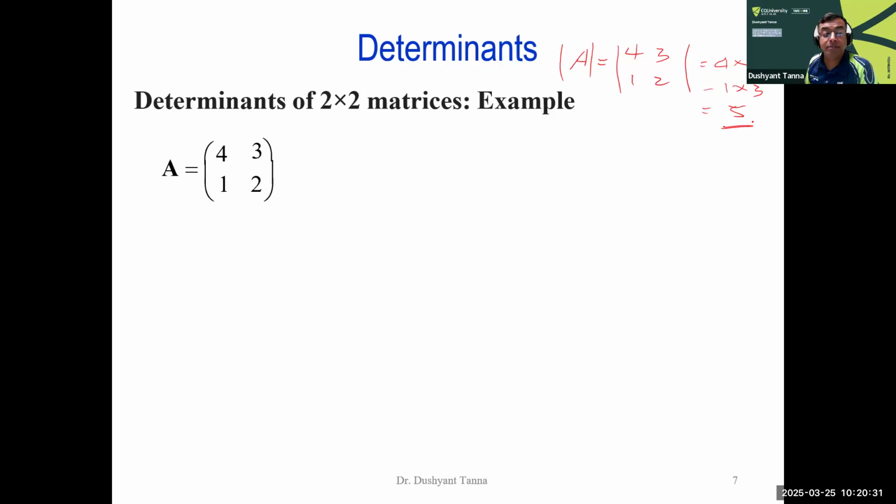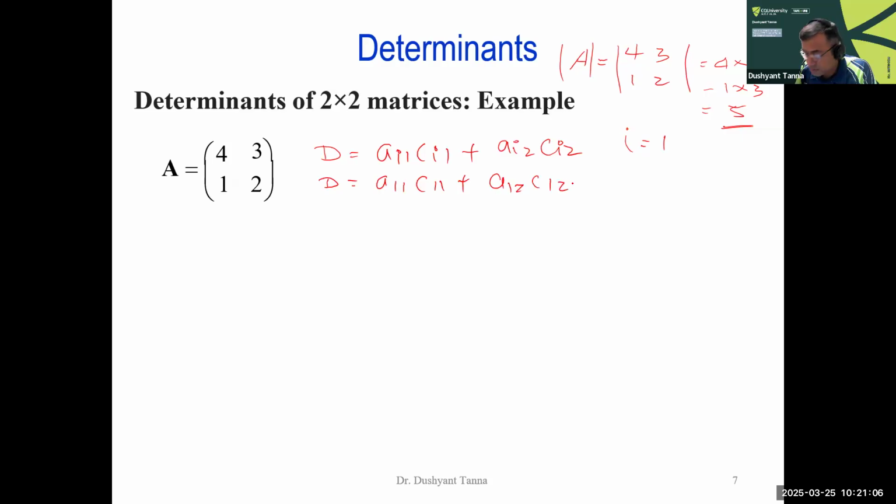But still, I wanted to introduce the method which we can build up, right? So slowly, let's look at that. So what would be our definition of the determinant? If you can recall, it's a_i1 C_i1 plus a_i2 C_i2. If I set my i equal to 1, you could set it as 2 as well. Then my determinant will be a11 C11 plus a12 C12.